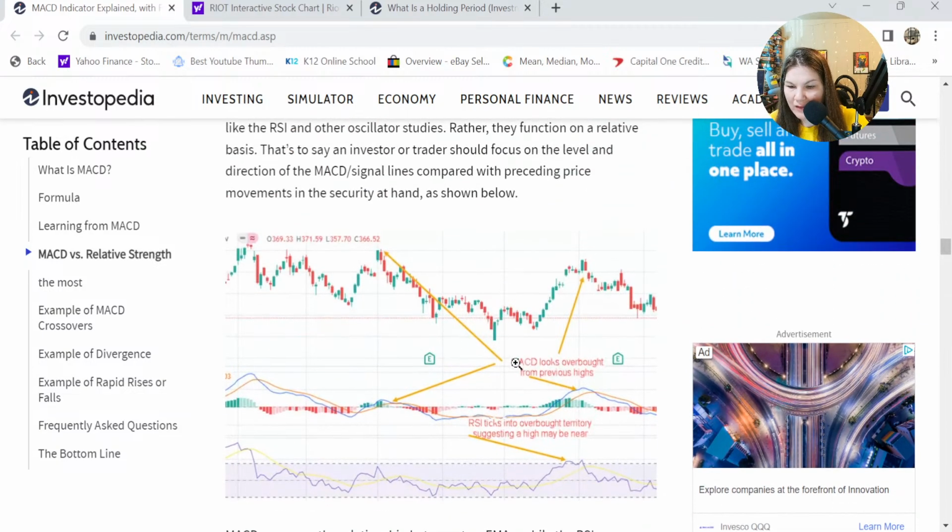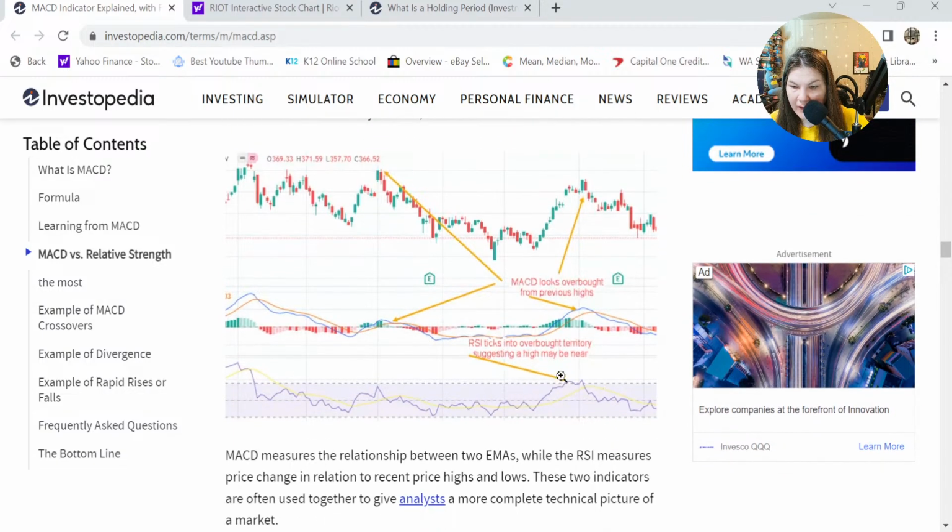So, MACD looks overbought from previous highs. So they're showing us, here's the high right here, you see where they got high. And then here is the overbought territory and oversold territory on the RSI.